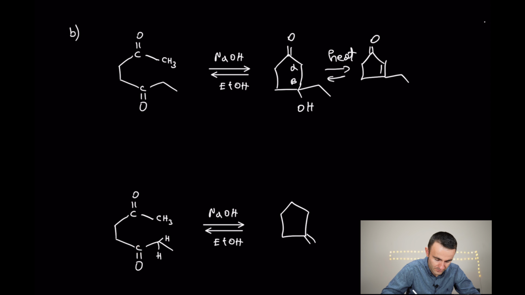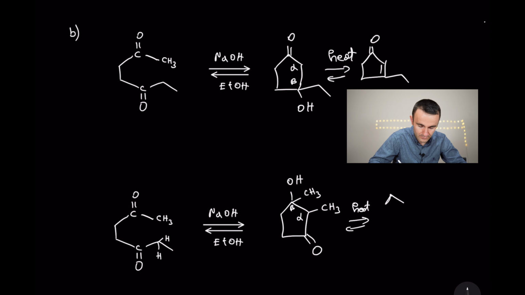Let's assume that here, and this one is connected here, so alpha beta is going to have an OH, and this remains untouched, so it's going to have a CH3 here. And during this bond formation with this one here, you also have a CH3 here. That is going to be here. And if you heat, dehydration, you're going to have this final product as a condensation, right?